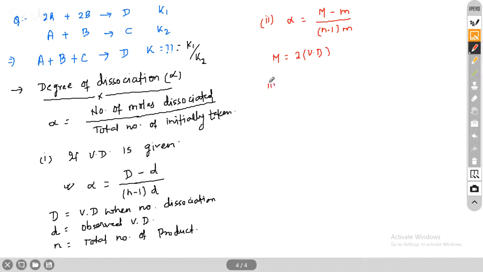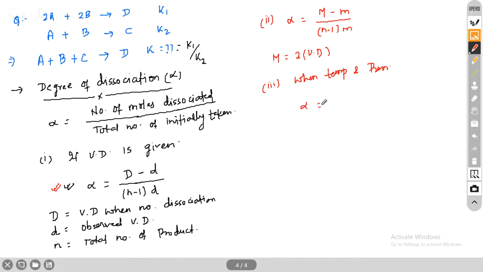One more formula, which is not that important. There are a few questions you may see on it. One more formula we have is for when temperature and pressure are given.